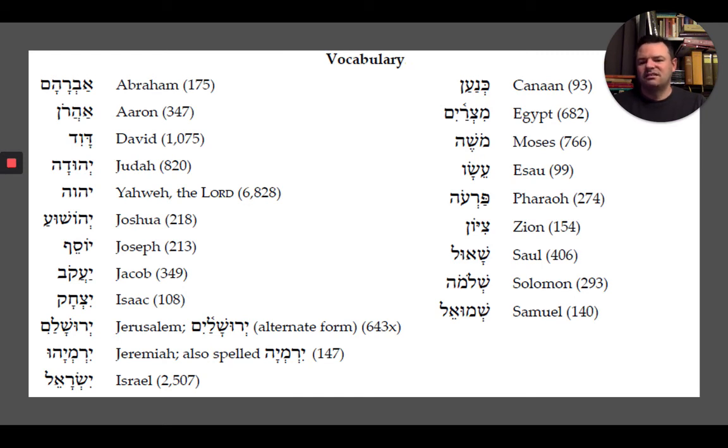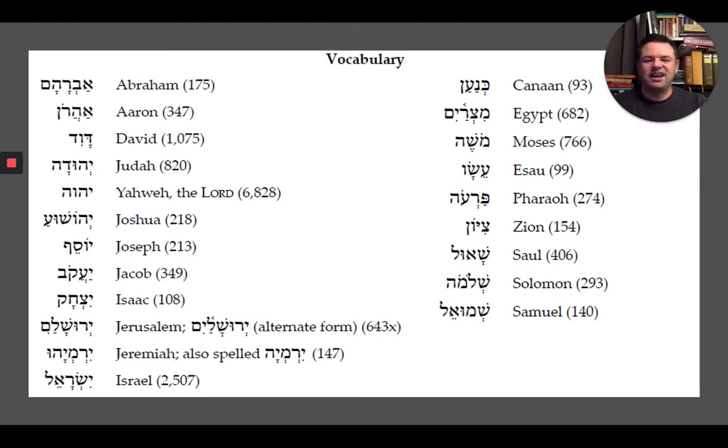Jerusalem, Yerushalayim. You'll also see that there's an alternate form, Yerushalayim. The next one is Jeremiah. This one's going to throw you off a little bit. Yirmiyahu. The next one is Israel, Yisrael.